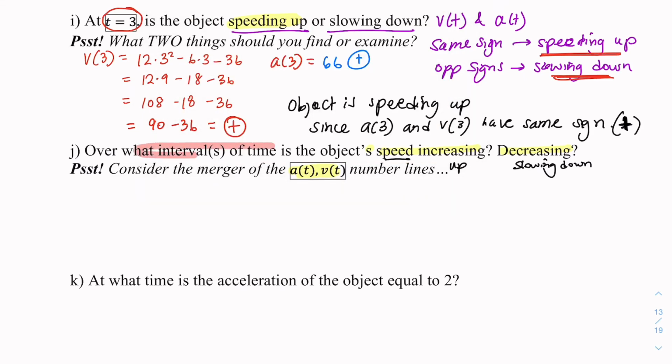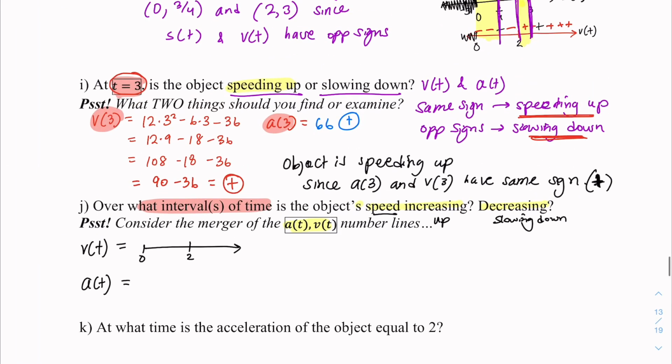So this question is asking about what interval of time. In part I, we just answered the question at one specific time, right? At t equals 3. Now they want to know at all times, when are we speeding up and slowing down? So we'll use our number lines, our v of t number line and our a of t number line. So v of t number line had a 2, and it was positive to the right, negative to the left.